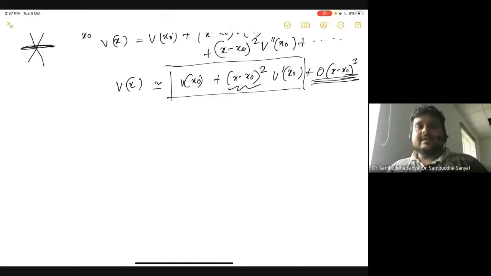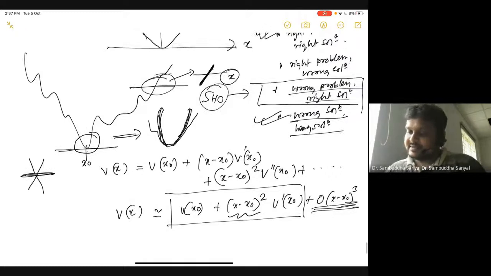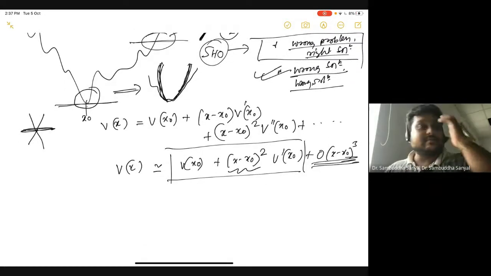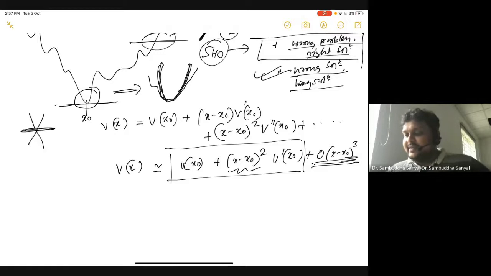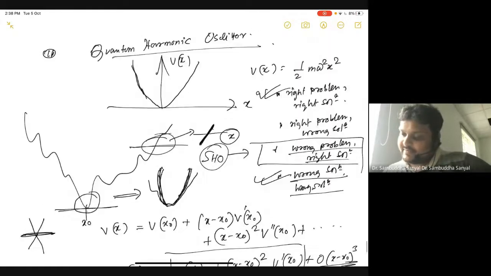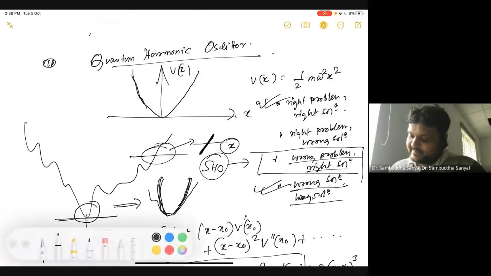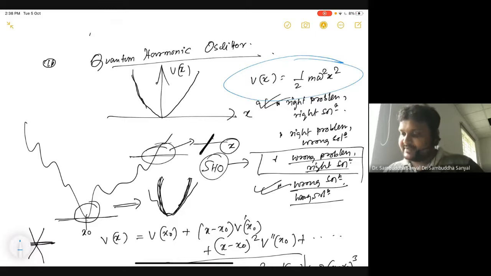Okay, if you remember from last time, we have started discussing the simple harmonic oscillator. So in this lecture I will talk about the methods of solving this problem. As I argued, even though this is a very specific potential, half m omega square x square, we need not think of it as being only for this specific potential.